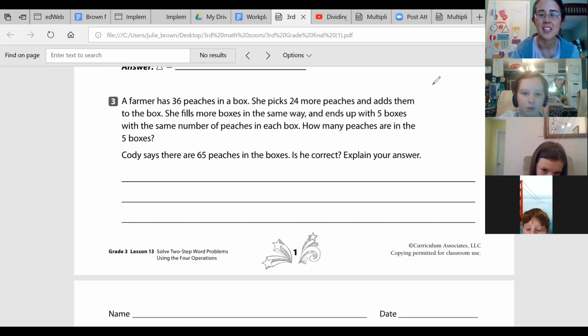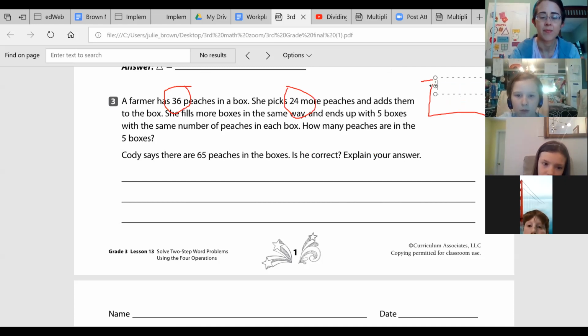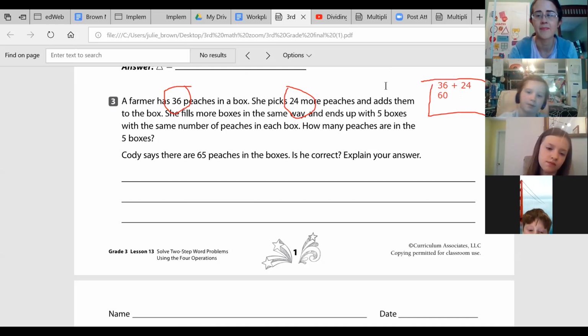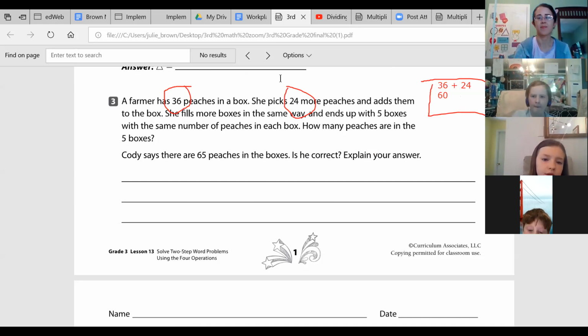All right. So, Dash, do you know what 36 plus 24 is? 36 plus 24 is 60. Okay. So, Hadley, how many peaches are in each box? Let me see. 70?